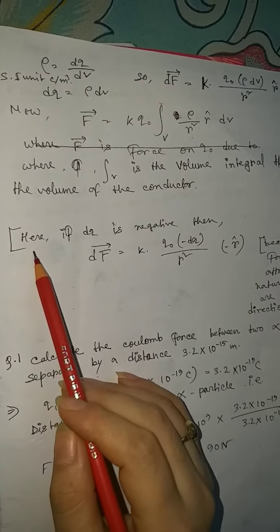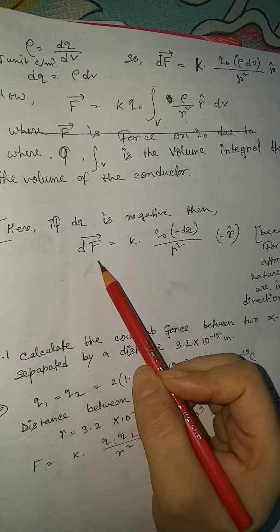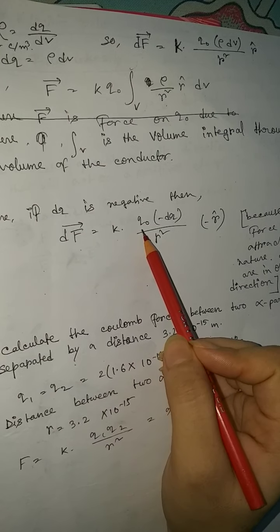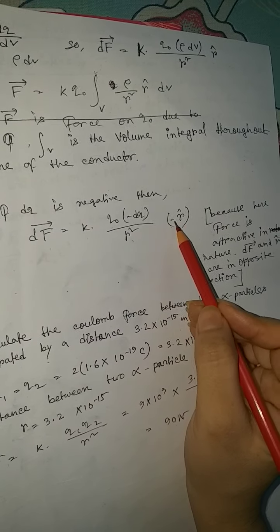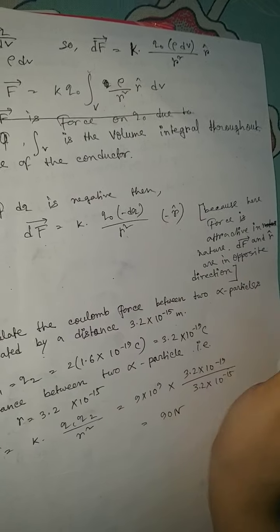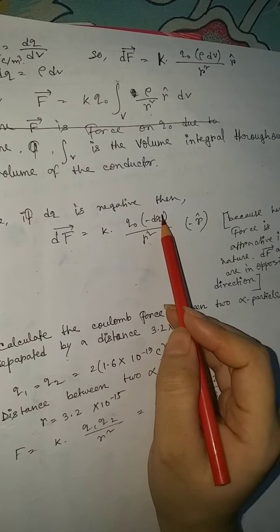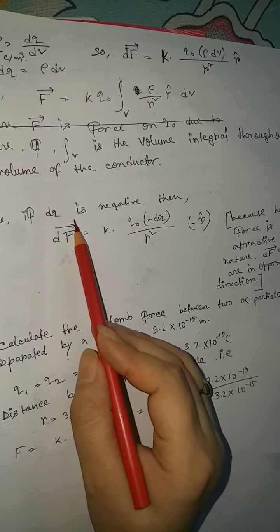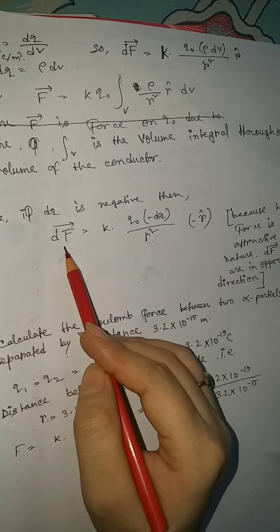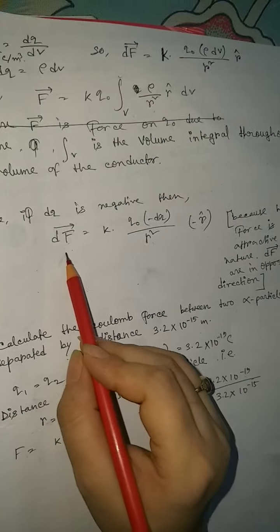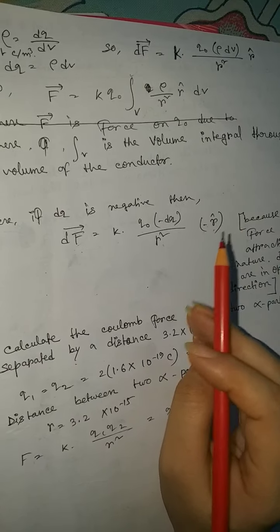Another thing here: if dq is negative charge, then df vector equals what? k into q naught into minus dq by r square into minus r cap, right? Because if dq is negative charge, the nature of this force is attractive, and for an attractive force the position vector is always in the opposite direction.